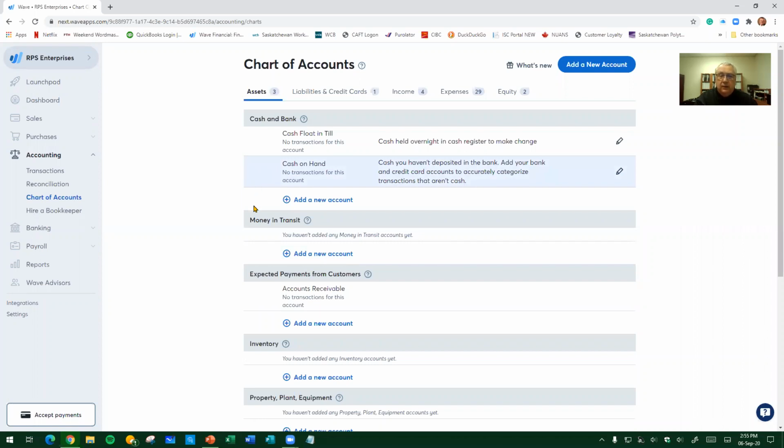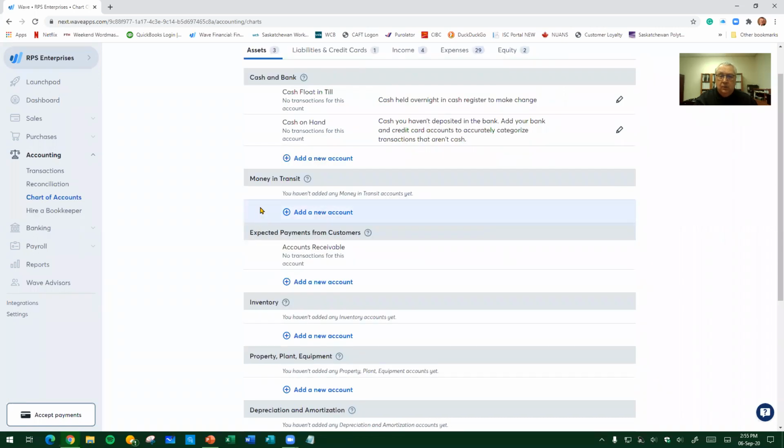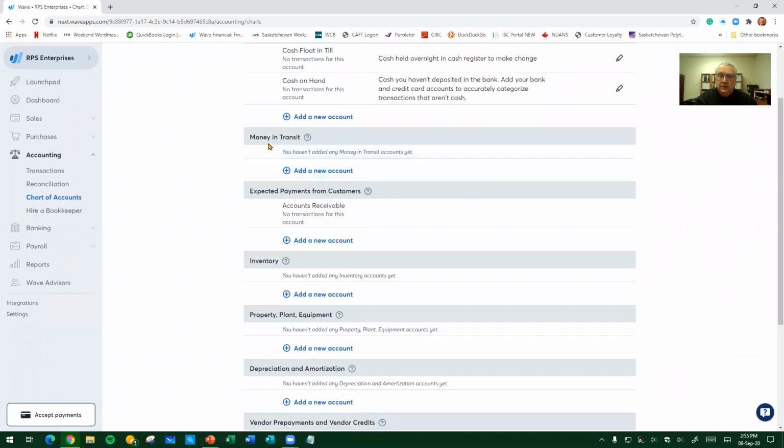So one of the things we're thinking about is we're just going to go through each one of these. Do we have money in transit? What would that be? Well, you may well have a situation where you decide to put some money into, for example, a term deposit, or money is in a situation where you're using, for example, Shopify, where a customer has come into a website, has placed an order.